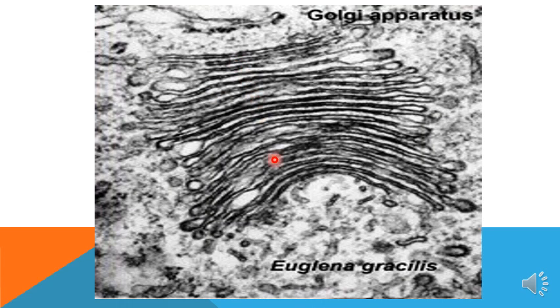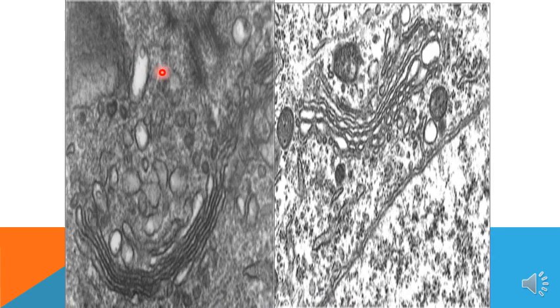This is also a Golgi apparatus, and this is the convex surface, which is the cis face. These are the sacules of the Golgi, and this is the trans face. This picture also shows the Golgi apparatus with a convex surface, the cis face, with transfer vesicles, and the concave surface, the trans face, with secretory vesicles.